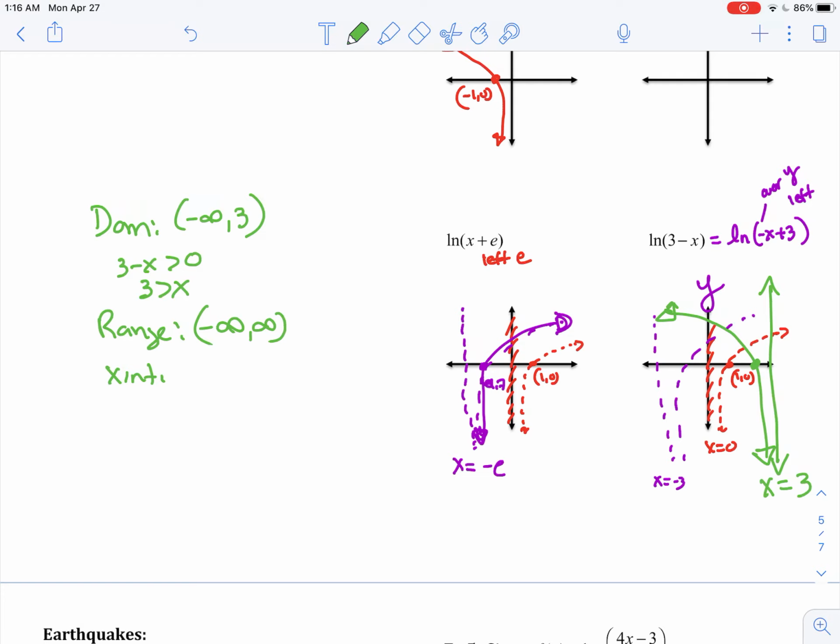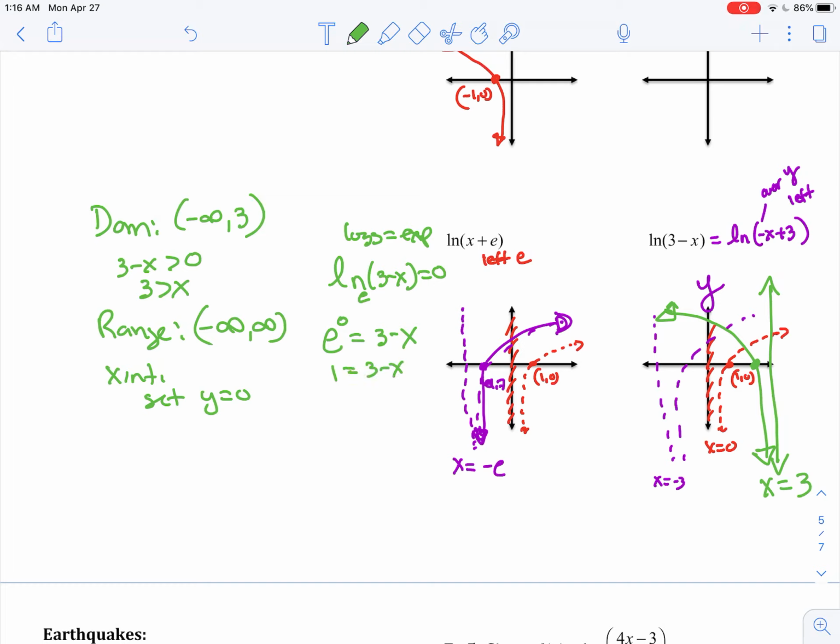Our x-intercept, we know we always set y equal to 0. So if we set our equation, the natural log of 3 minus x, equal to 0, this is asking us, there's a base e implied, that if you take that base e and you raise it to the exponent of 0, because remember, logs equal the exponents, it needs to equal this 3 minus x.